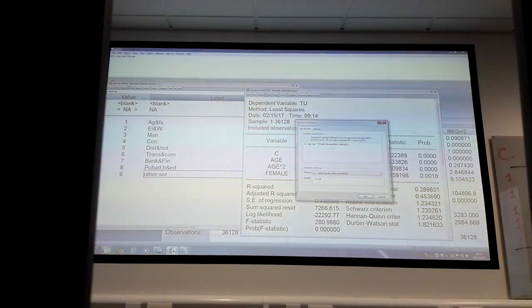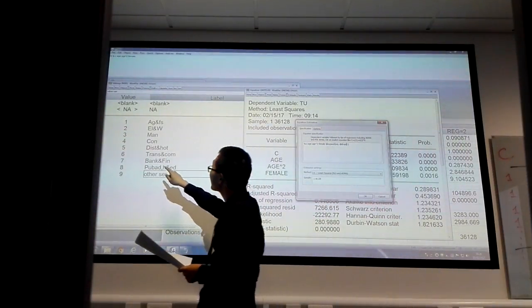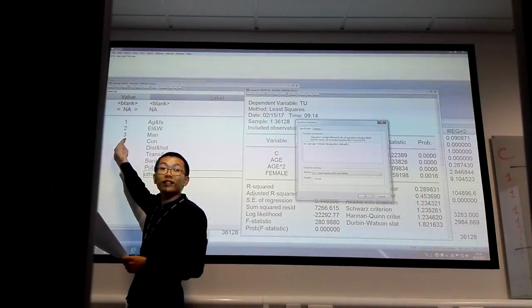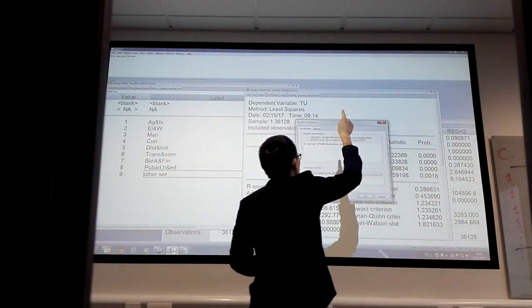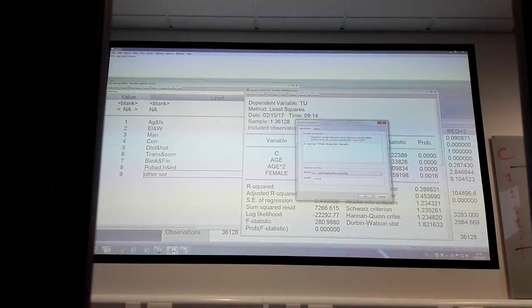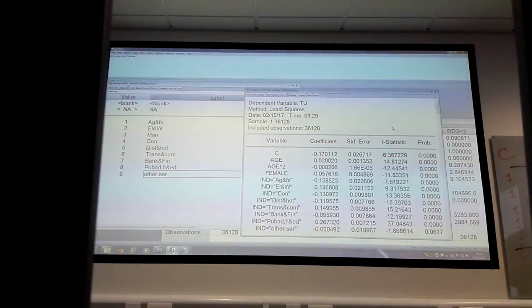So @drop, and then within the bracket I specify the value corresponding to the categorical variable that I want to drop. In this case, the value is equal to 3, remember? So I fill in 3 into the drop bracket. And then, if I click OK, nothing is reported wrong. Okay?